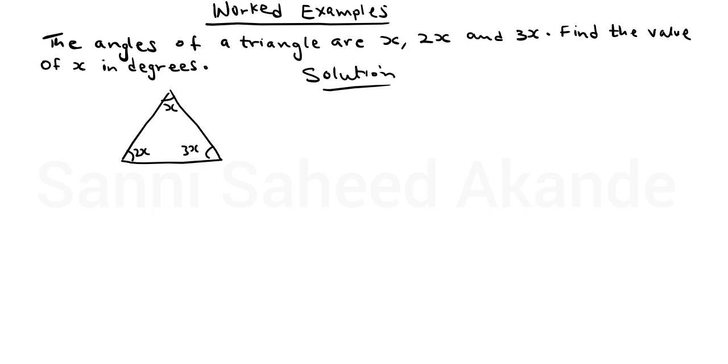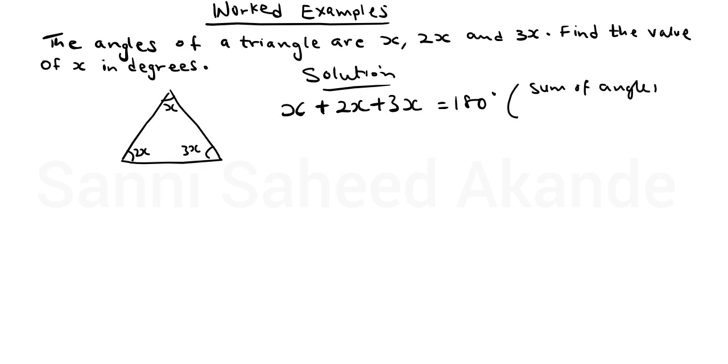So I will add them together: x plus 2x plus 3x is equal to 180 degrees. The reason is sum of angles in a triangle.